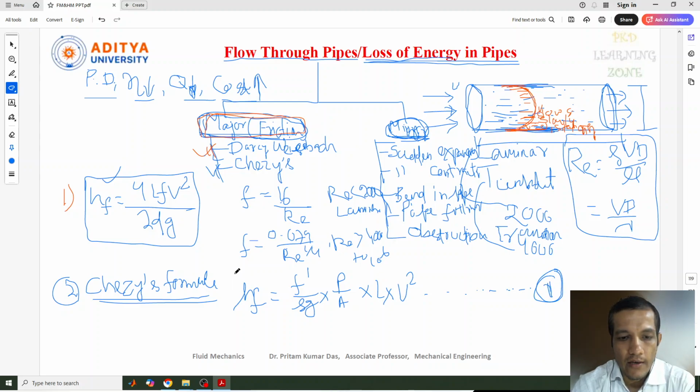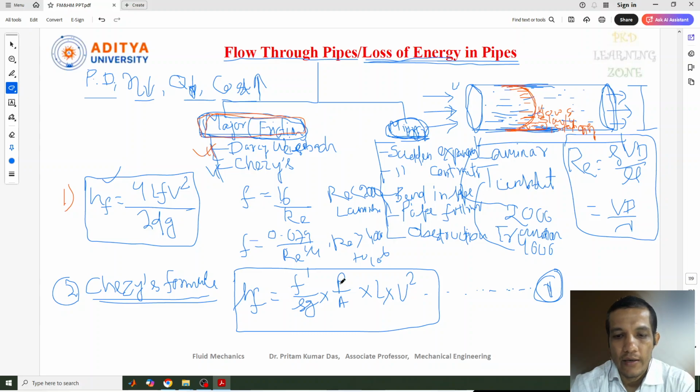Here hf is the head loss, A is the area of the cross section of the pipe, P is the wetted perimeter, that means the portion which the water is covering, L is the length of the pipe, and V is the average or mean velocity of the fluid flow. These are the constants.